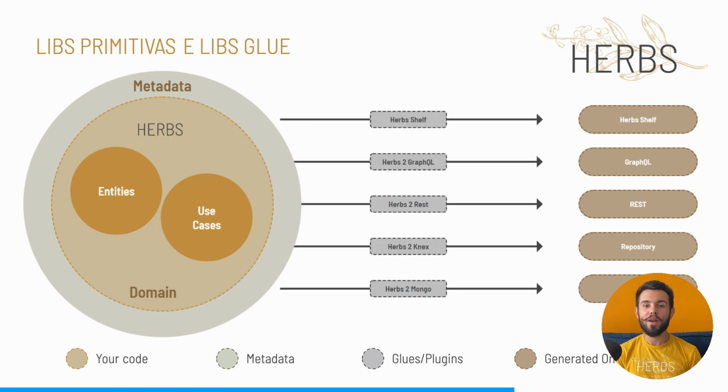We have herbs2rest that will read your use case and, by metadata, generate and configure an Express server. We have herbs shelf that will read your use case and metadata and generate the documentation for you. And everything works by the glues. We have the core that generates metadata, and we have the glue that reads this metadata and constructs the things.